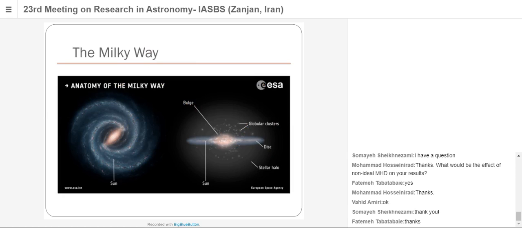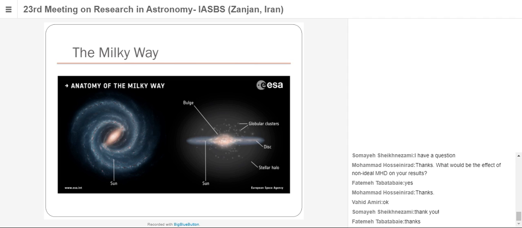So the familiar picture is that the Milky Way is made up of a stellar bulge, a stellar and gaseous disk, a stellar halo, and then a dark matter halo. And the evolution of a star cluster, and then the evolution of stars after they escape a star cluster, is very sensitive to these components.